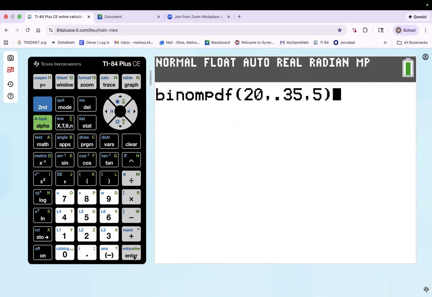I have a question. Yes. When I'm doing the second vars, I go down to the binomial PDF like you did. And when I click enter, it's taking me to the second var stats with the X and Y list. I've never heard that before. Are you starting from the main screen? Because if you're starting from something else, it's going to take you weird places.